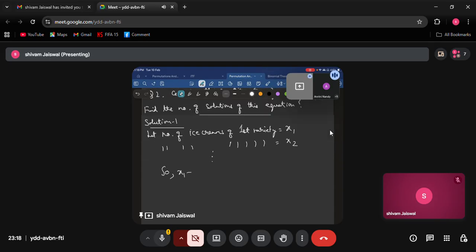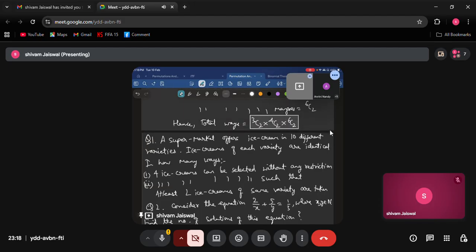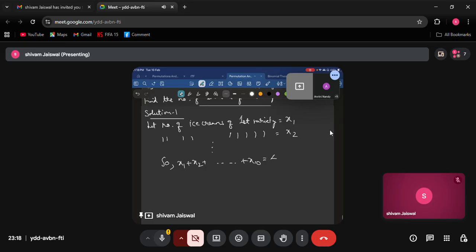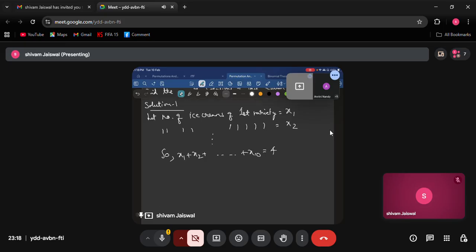So x1 plus x2 plus up to x10 should be equal to how many ice creams we need to select? 4 ice creams. So the number of ways is n plus p minus 1, that is 4 plus 10 minus 1, C, 10 minus 1, which will give us 13C9.